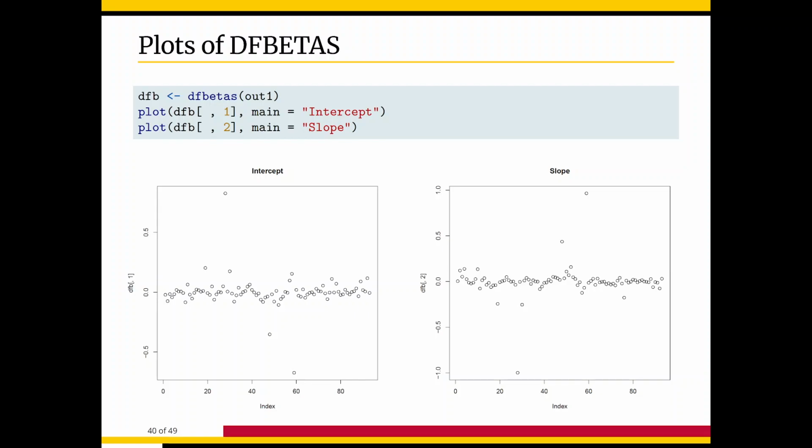Now, whether or not you want to check the df betas depends on if you have a specific parameter estimate that's really crucial. If you have one slope or a number of slopes that are really important for testing your hypothesis, then you should check the df betas and make sure that they're not influenced.